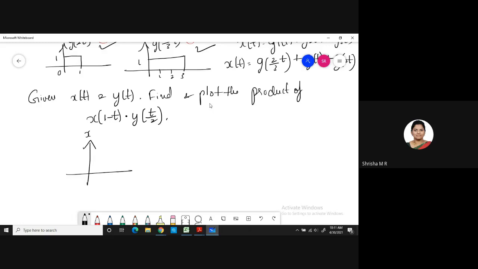So x of t at minus 1 is 1 and it is going upwards, and this is the signal. So the amplitude here is 1, here it is 2. This is the signal x of t, and y of t is a time reverse version of this x of t only.